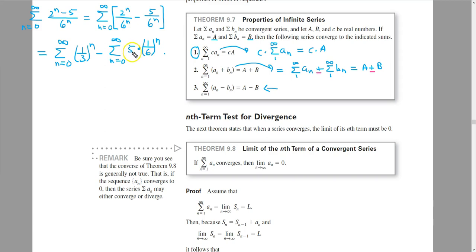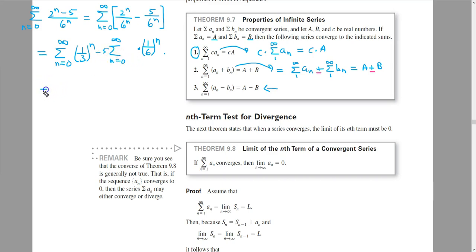The 5 does not involve any n's, so we can move it outside. As long as this term does not involve any n's, it's a constant, it can be moved outside the summation. So let's just do that. I'll erase it here, and I'll just move it outside. So right there it is.